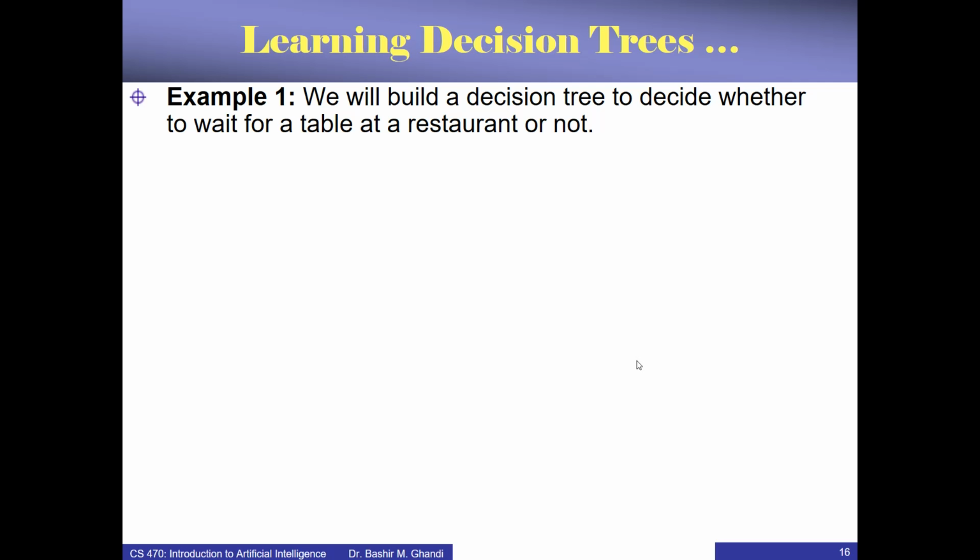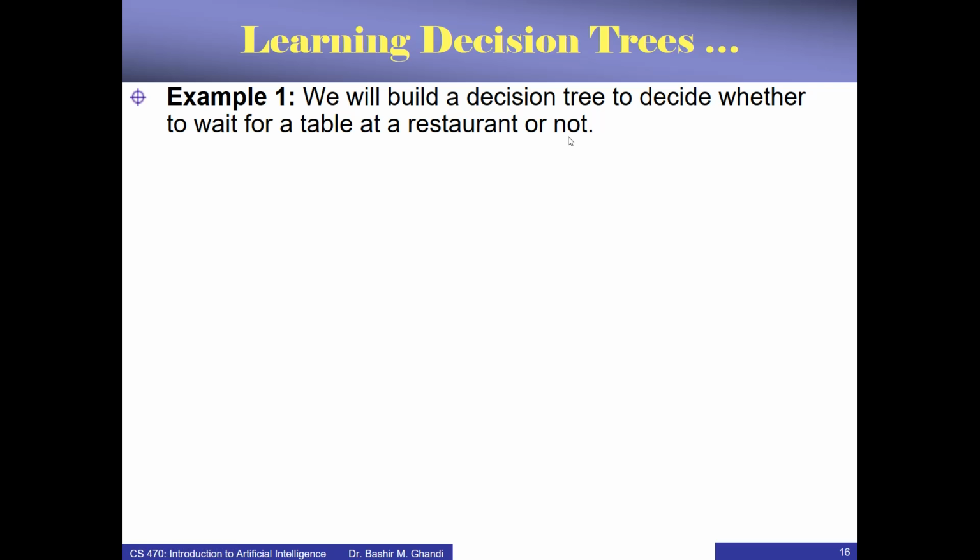So we're going to take an example, this example from the book, and then we will see how a decision tree is actually generated from examples. So in our example 1, we will build a decision tree to decide whether to wait for a table at a restaurant or not.